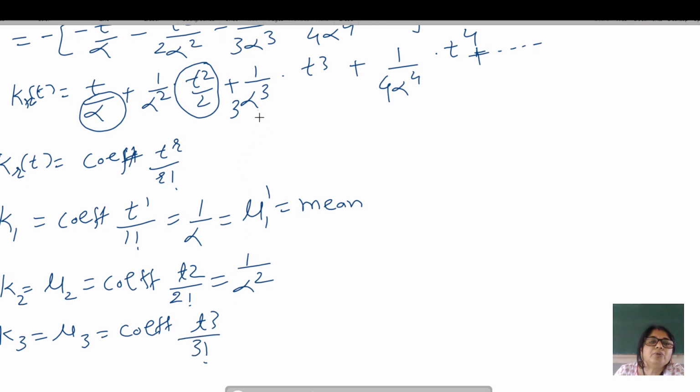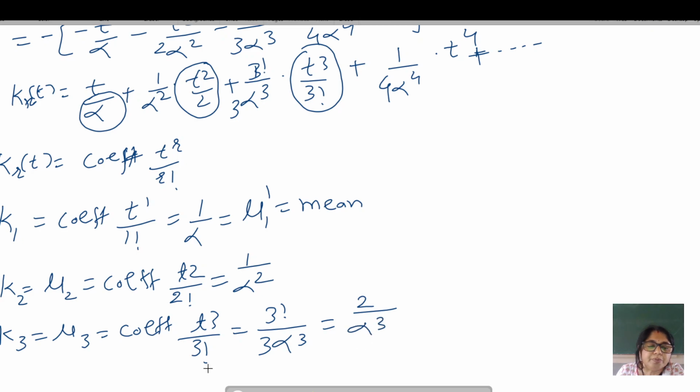So here 3 factorial is missing. So I will divide here by 3 factorial and multiply by 3 factorial. So the coefficient of t to the power 3 upon 3 factorial will be 3 factorial upon 3 into alpha cube. After simplification you will get 2 upon alpha cube, right?